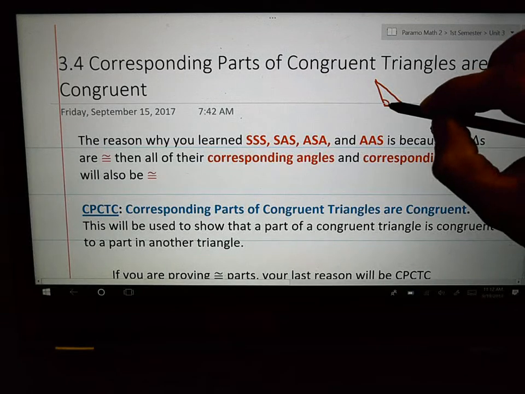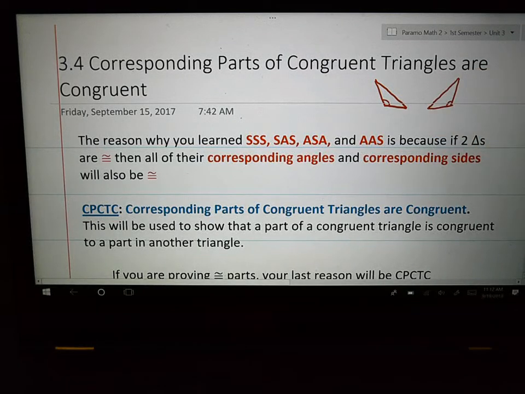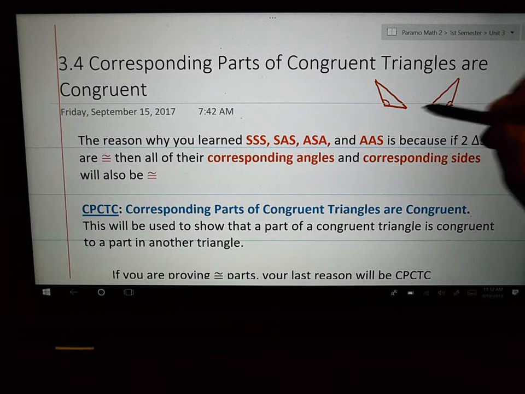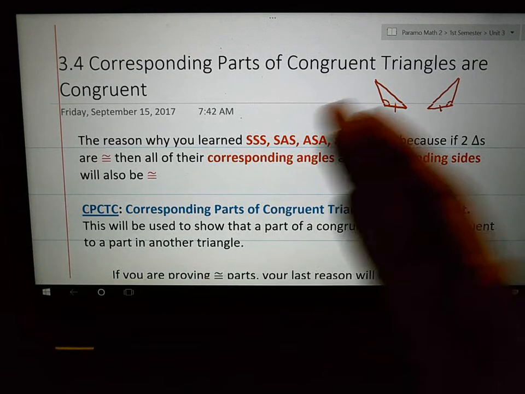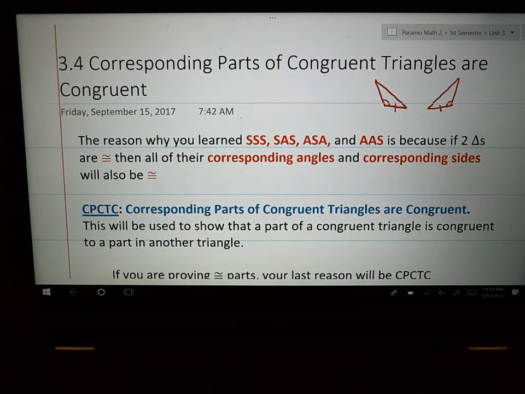If you just know this angle here and this angle here, you don't have enough information to know that the two triangles are congruent to each other. You had to have more than that. But if you had, let's say, that and that and that, still not enough. That's an angle and a side, that's an angle and a side. Not enough information to know these are congruent to each other.